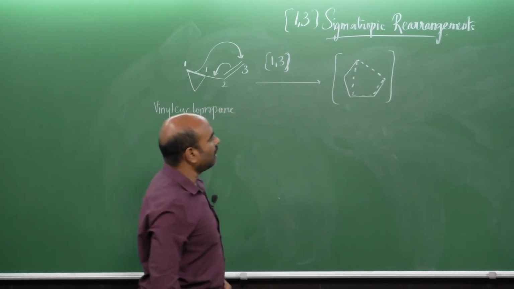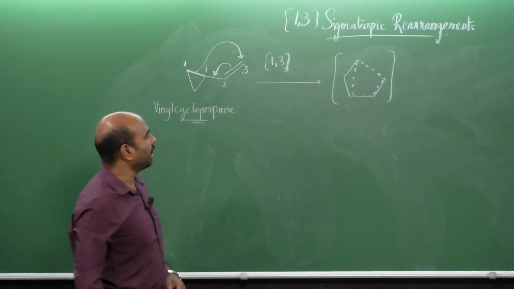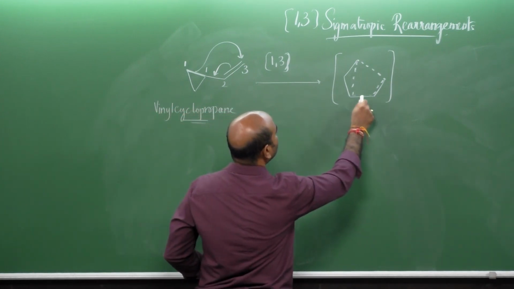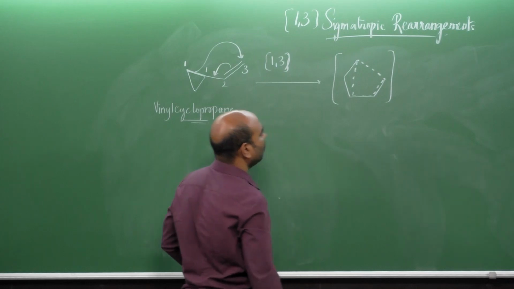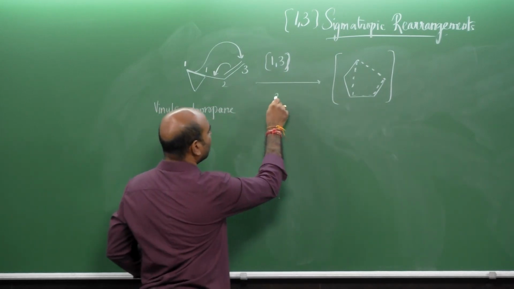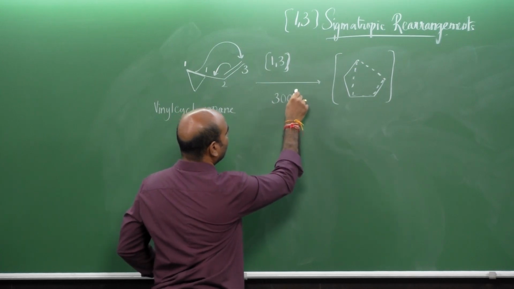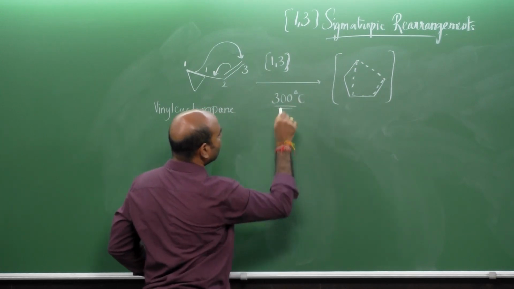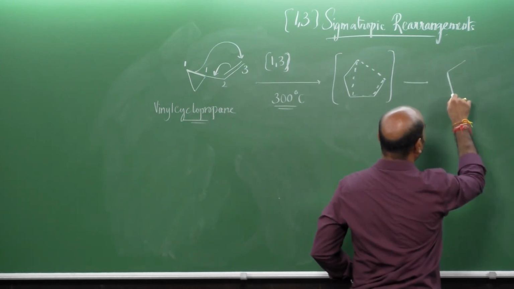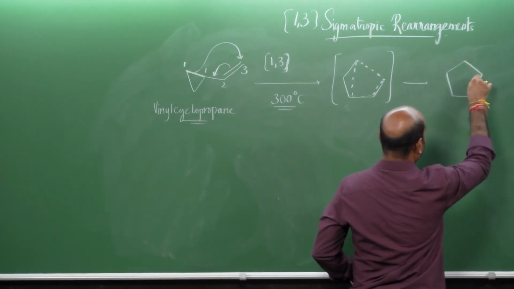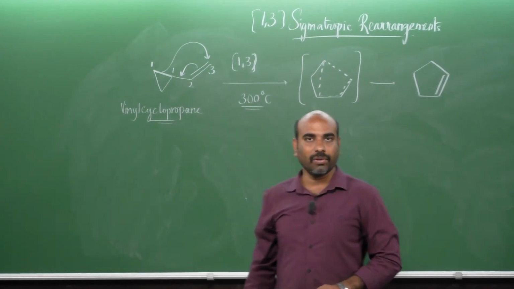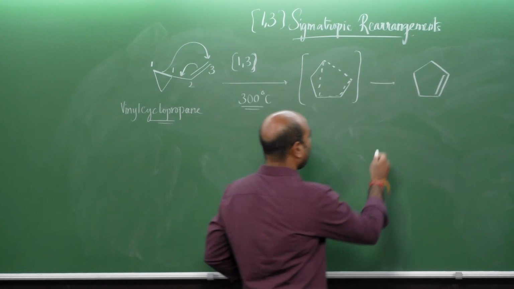So, this is the cyclic 4-membered transition state, where you can see one of the sigma bonds is slowly converted into a different place, and this reaction can happen at 300 degrees centigrade. So, what ultimately we will be getting is a 5-membered system, cyclopentene.